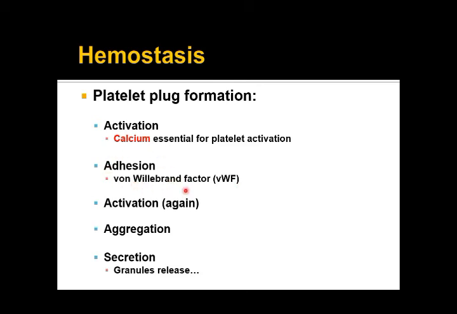So this allows platelets to stick onto the endothelial cells around where that injury took place. And so that's what will help keep the platelet plug in place while the fibrin clot is forming. So we need von Willebrand factor to enhance the stickiness of platelets.